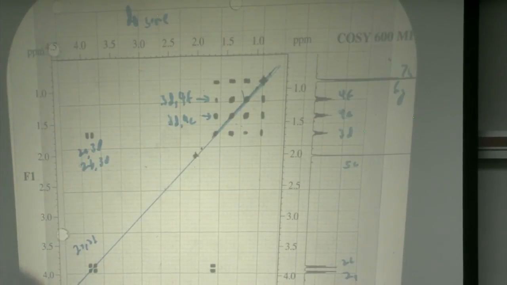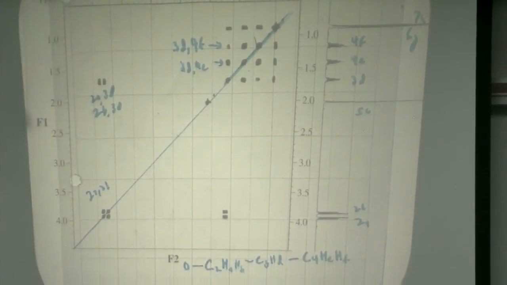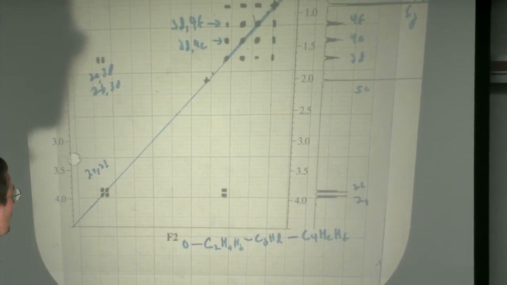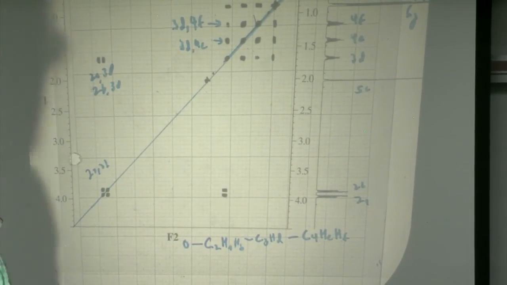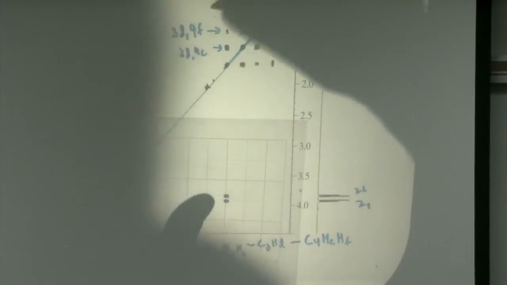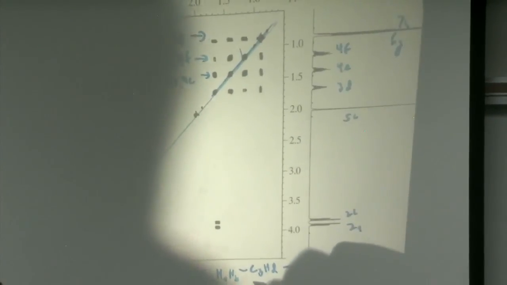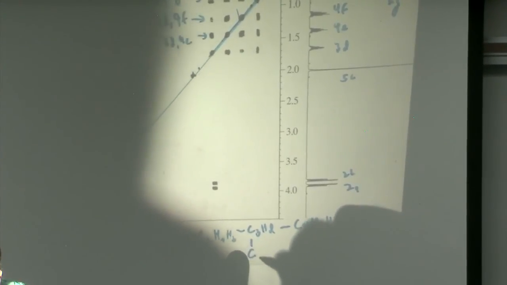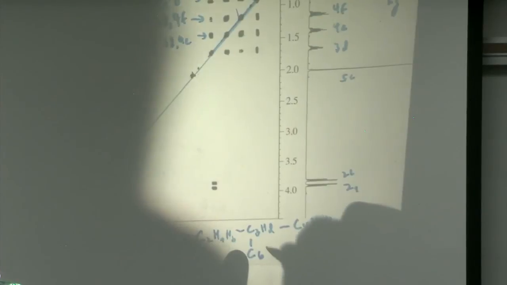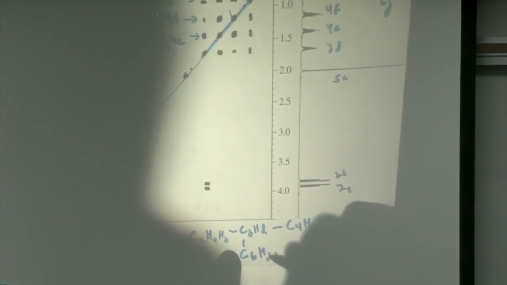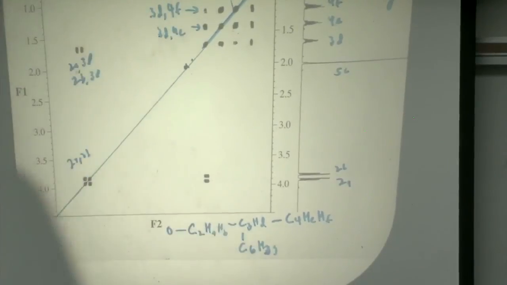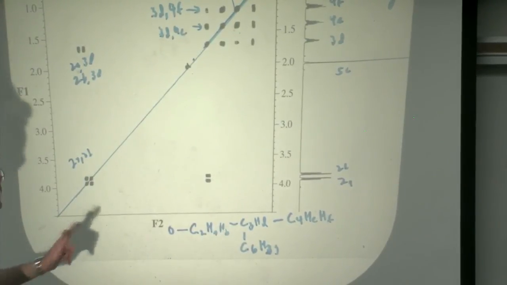And so now I have 3D also crossing with 6G. So 3D also has to cross with C6, H3G. And now I have almost the entire chain built up.